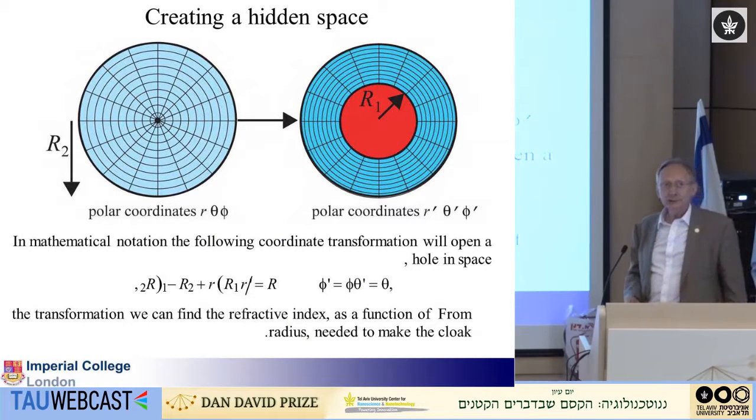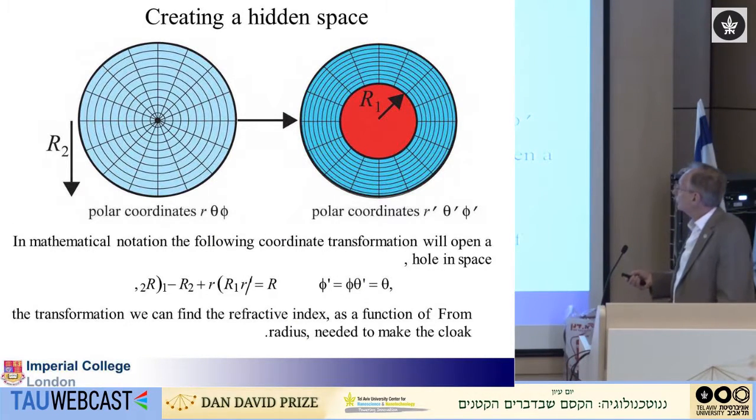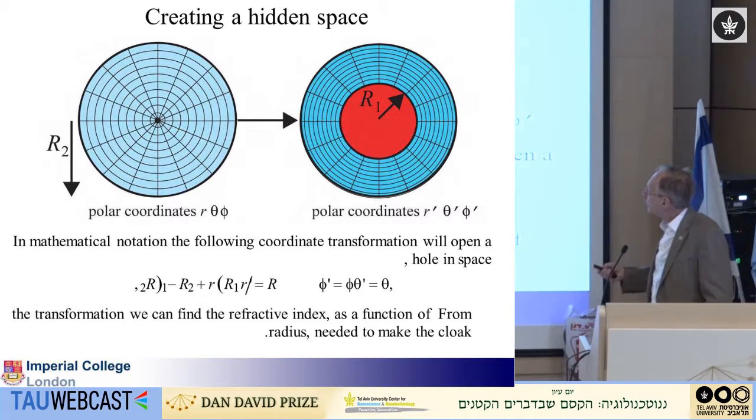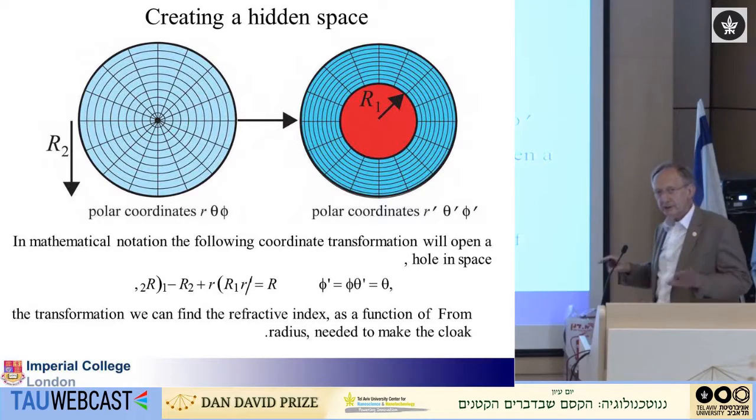Look how transformation optics would solve it. So what we do is start with an empty sphere, and we're going to make a hole in it. Space is made of rubber, so I'm going to cut a little hole here, and then I'm going to push all of space into this annulus here. I'm going to crush it.